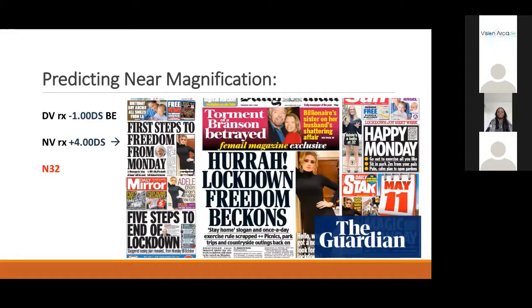And then predicting the near magnification. For example, if you have a patient with distance spectacles of -1 diopters in both eyes and reading spectacles of +4, and with their reading specs they can see N13, but they want to be able to read the newspaper and know when they're free to socialize again and we're off lockdown.